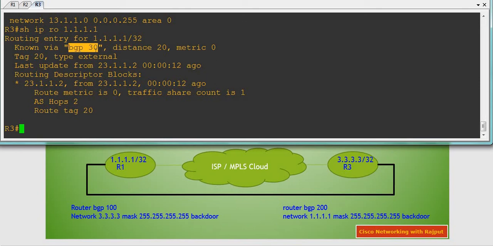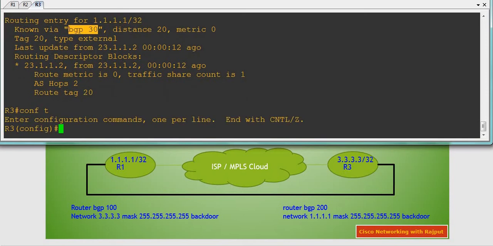So whenever router 3 needs to send traffic to router 1, it will always prefer the eBGP path. So for symmetric routing we would need to make changes on both ends of the network.